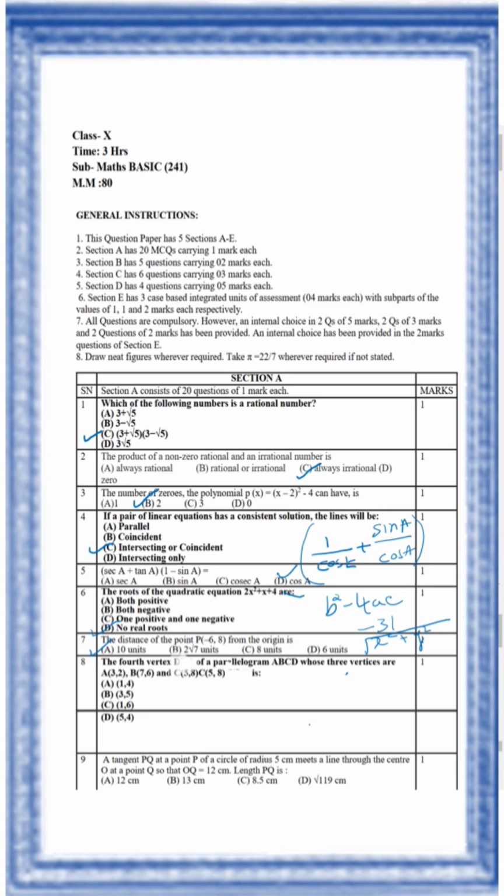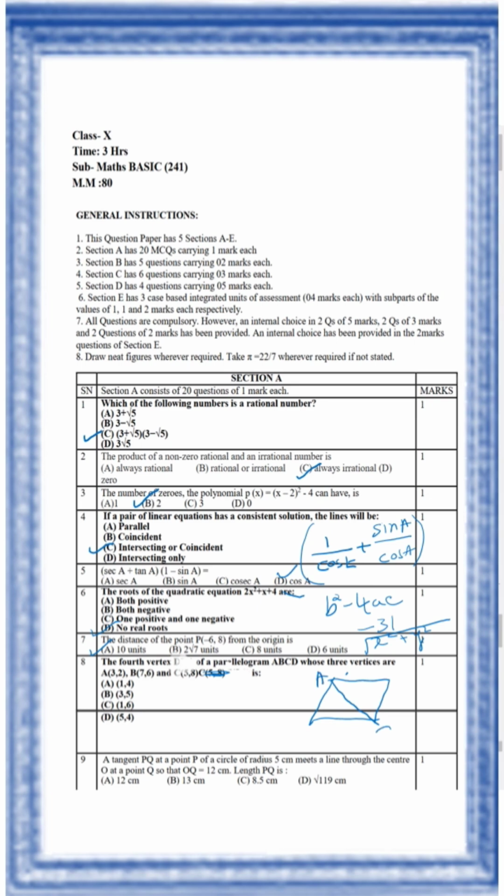The fourth vertex D of a parallelogram ABCD whose 3 vertices are A 3, 2, B 7, 6, C 5, 8. Here 5, 8 has been written twice. Neglect this one. You have to find the midpoint of the diagonal AC.